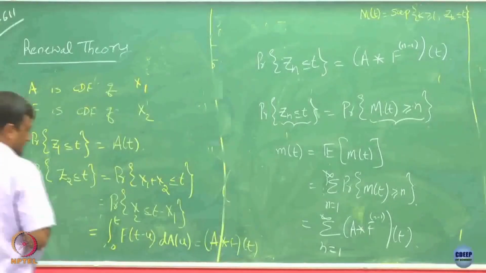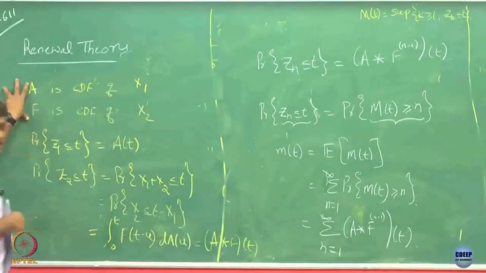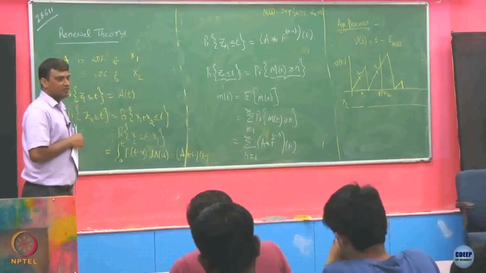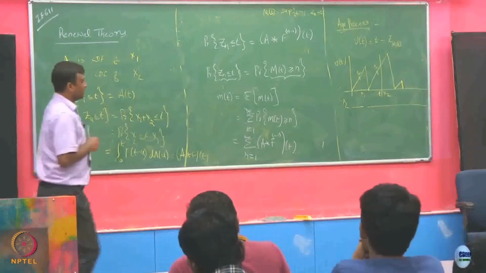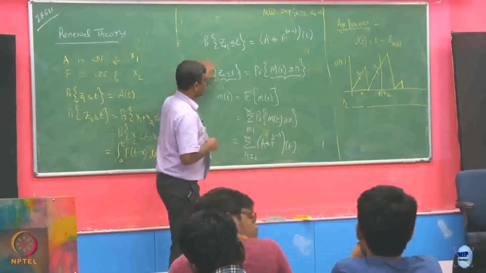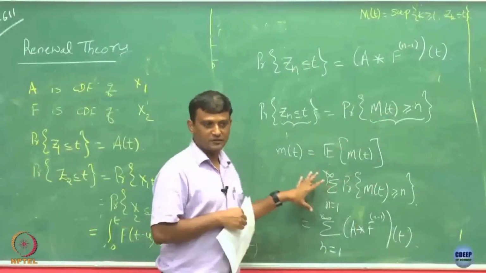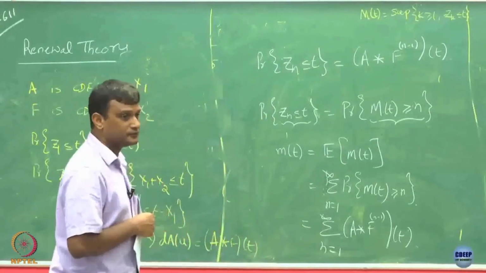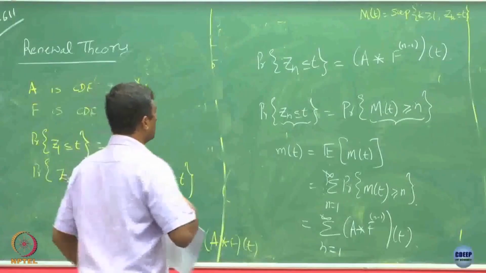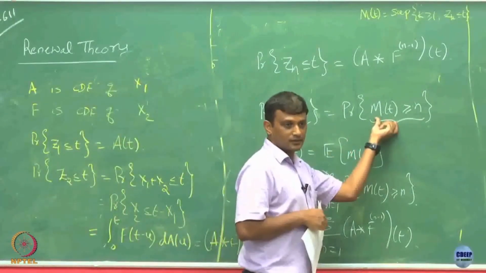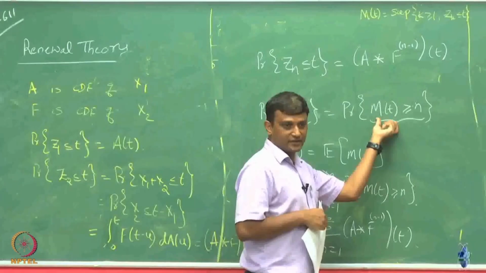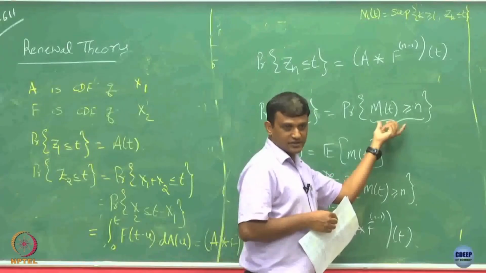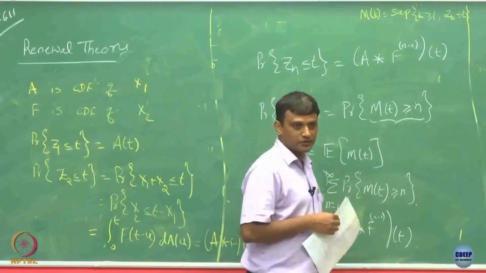So you see that just by knowing these two CDFs of my renewal process, I should be able to compute all the statistics of my renewal process: this Zn, this M of t, and its mean values. This is equivalent to computing its CDF, right? It is a discrete value, right? The CDF should be enough for us. So just use this. You already have it, what more do you want?